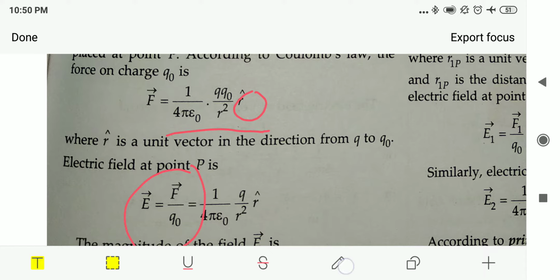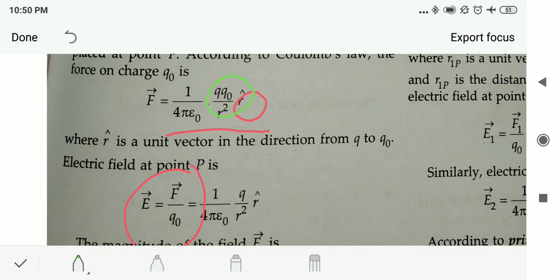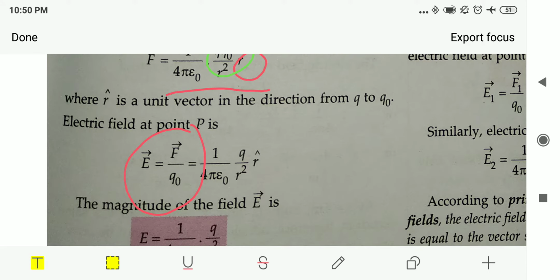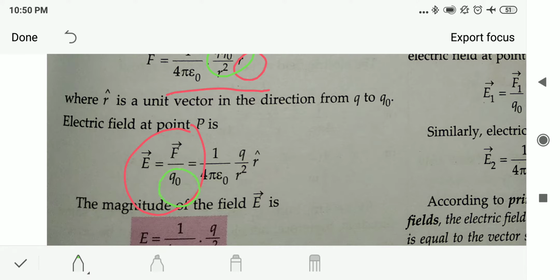In the force we have q naught, and in the denominator also we have q naught, so this q naught will cancel out. We get 1 upon 4 pi epsilon naught, q upon r square, r hat.